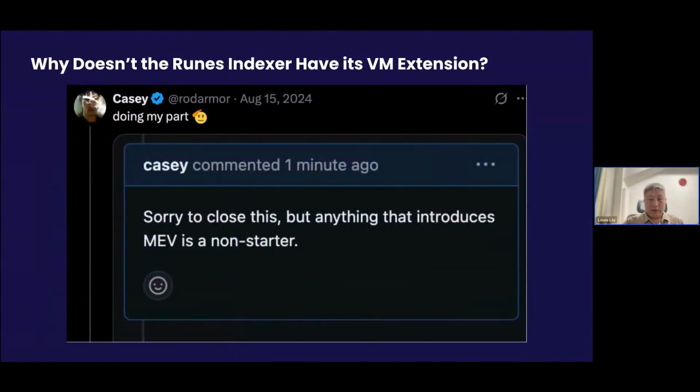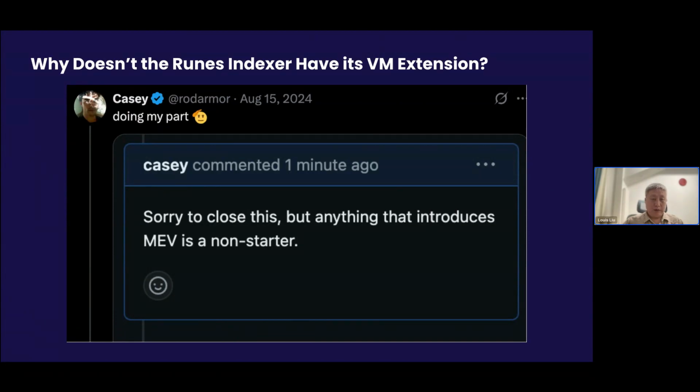At this time, you may raise a question: why doesn't runes have its own indexer extension?